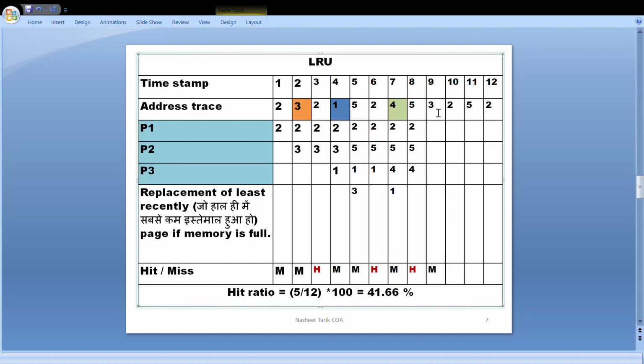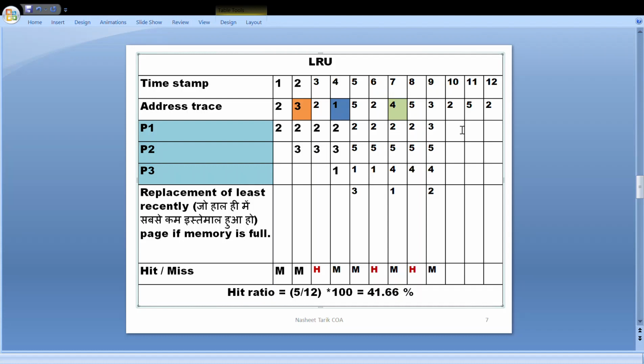Now which page will be replaced? 2 is used here, 5 is used here, 4 is used here. So which one is the least recently used? 2 is least recently used. So 2 will be replaced by 3, and this is 5, this is 4.